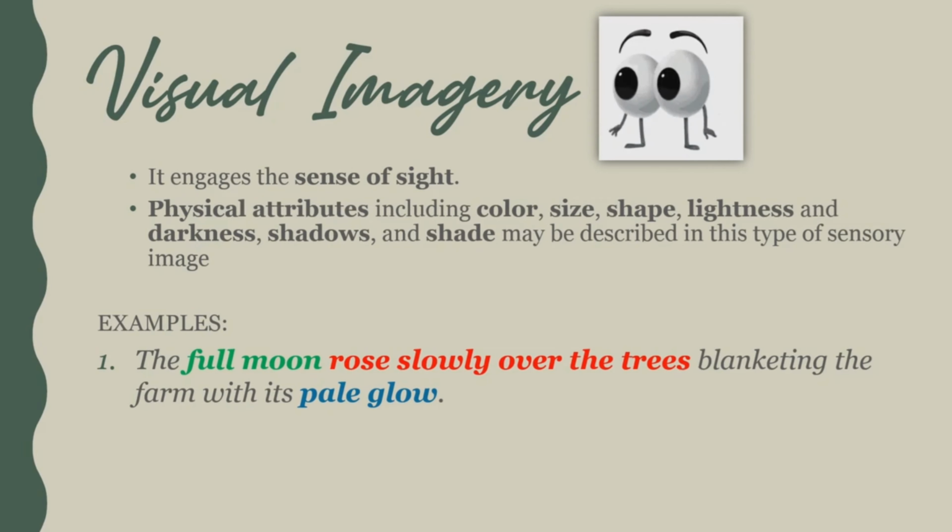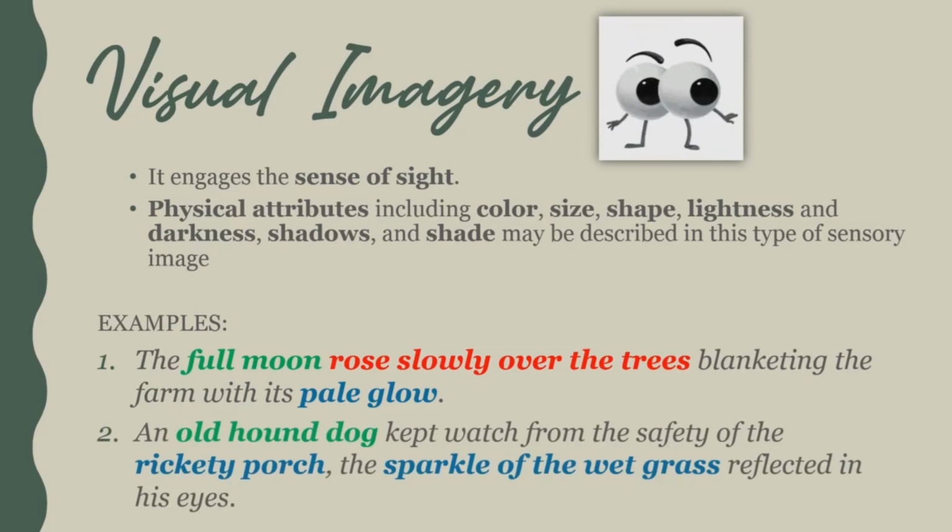Let's have example number 2. An old hound dog kept watch from the safety of the rickety porch. The sparkle of the wet grass reflected in his eyes. In the second example, old hound dog describes the subject, which is the dog. Rickety porch describes the condition of the dog's location, which is shaky.